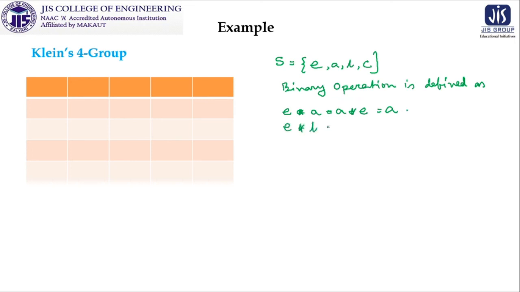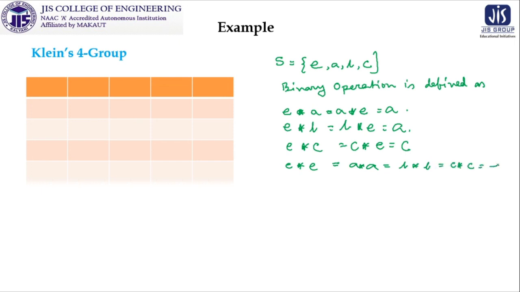E composition B is equal to B composition E is equal to B. Nothing to memorize. After writing it all this, you will be able to identify what is the pattern on it. Rather, you start identifying the C composition E is equal to C, and E composition E is equal to A composition A is equal to B composition B is equal to C composition C is equal to E.